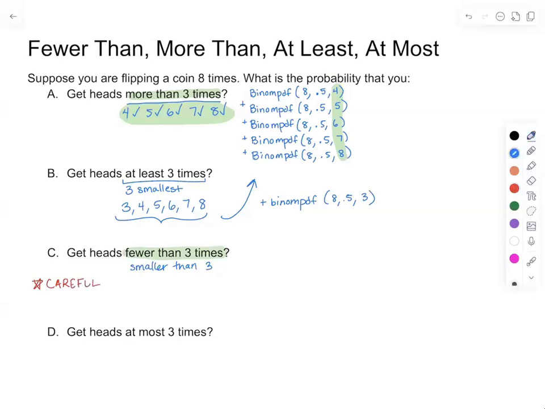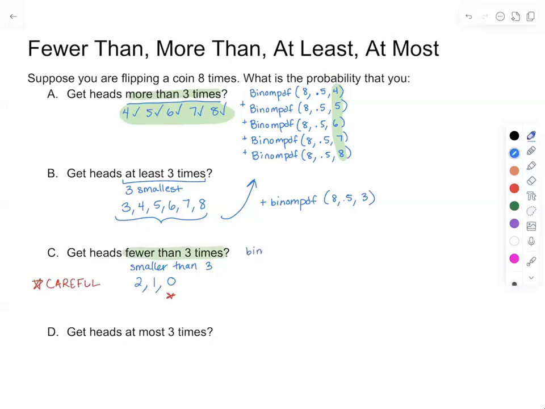When I think about numbers that are smaller than 3, well, 2 is smaller than 3 and 1 is smaller than 3. Oftentimes we forget 0, but 0 is smaller than 3, and 0 is an option here. It is possible that I flip a coin and I never get heads. So 2, 1, and 0 are all options here. So please don't forget to include 0 in problems like this.